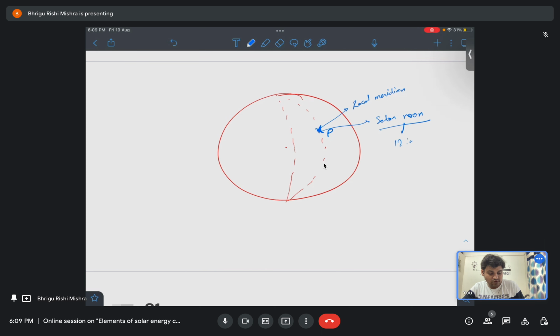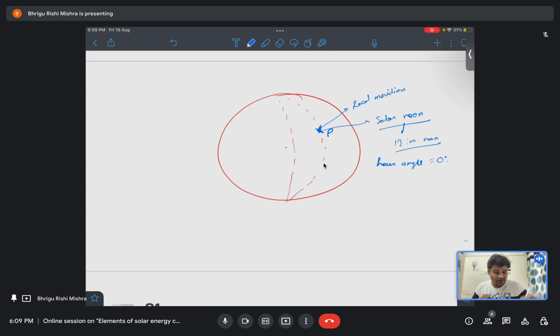It is generally considered 12 noon, or I can say 00, whatever you want to consider. Generally it is considered 12 noon. And the hour angle is considered 0. So the hour angle is considered with respect to this local solar time.